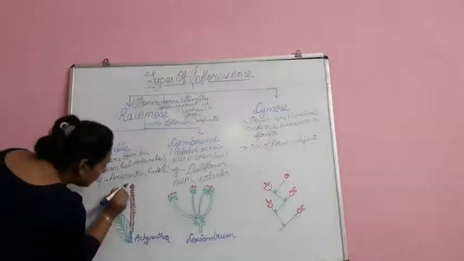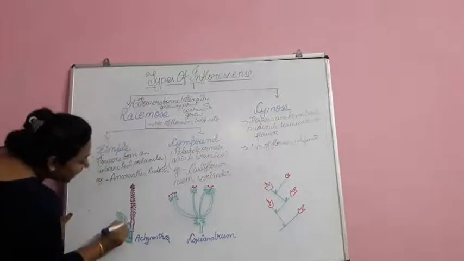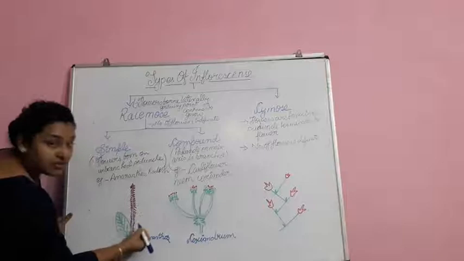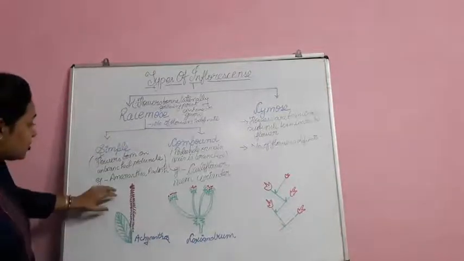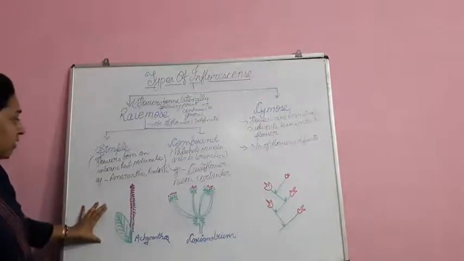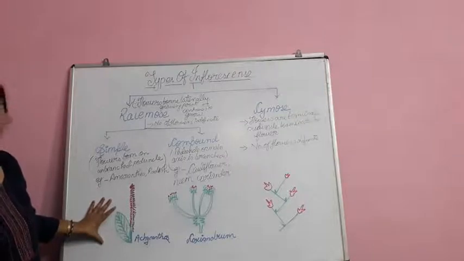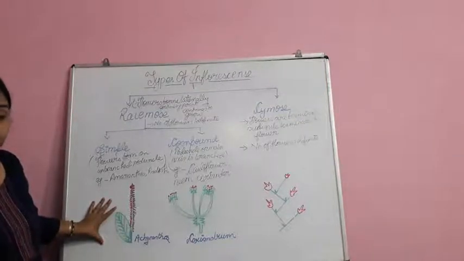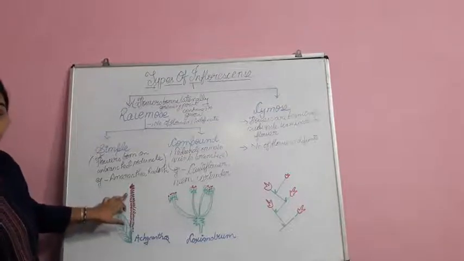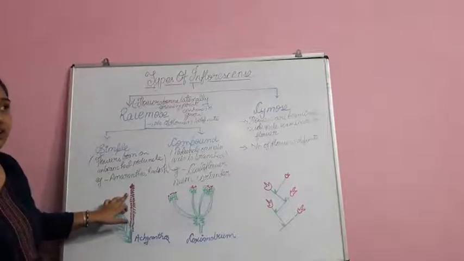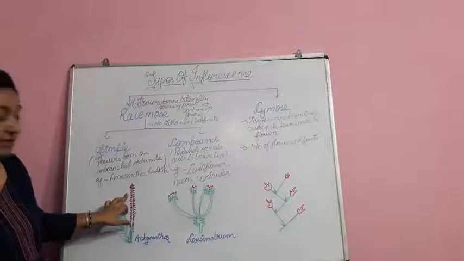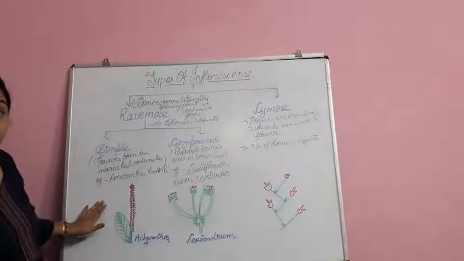As you can see here, a straight peduncle is there and from this all the flowers are arising. So this is just the simple one, right? You can see this kind in Amaranthus. Amaranthus is a very common wild plant. You can see these purple flowers anywhere there are wild plants. This is the simple racemose.